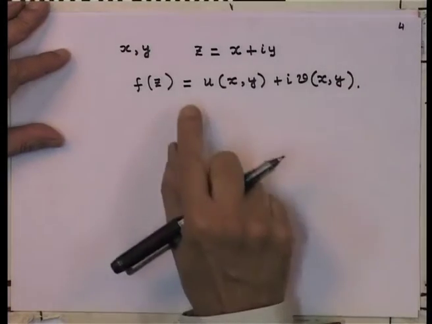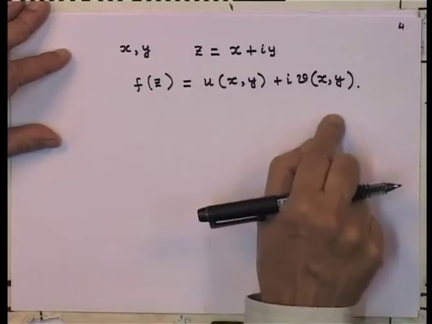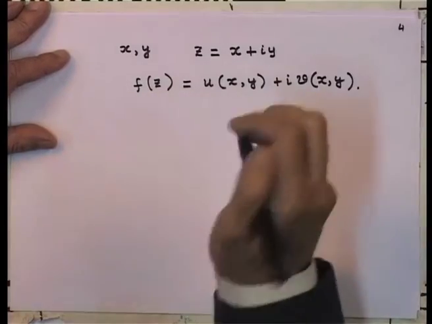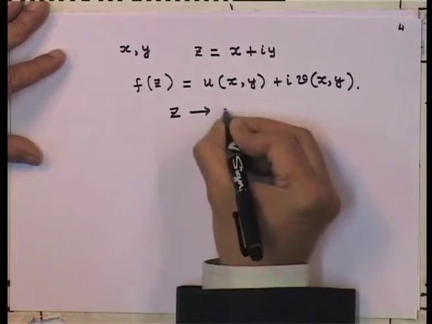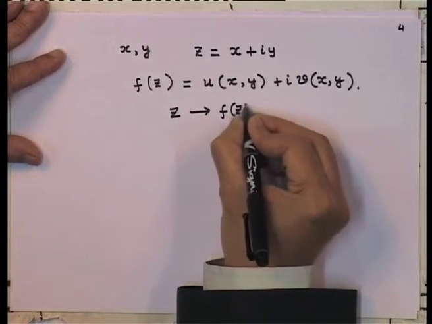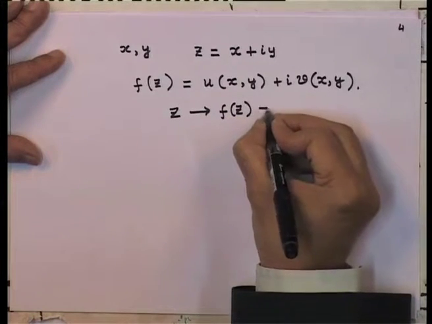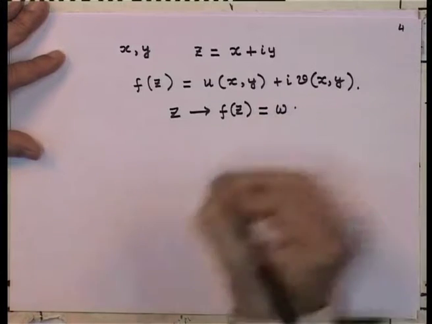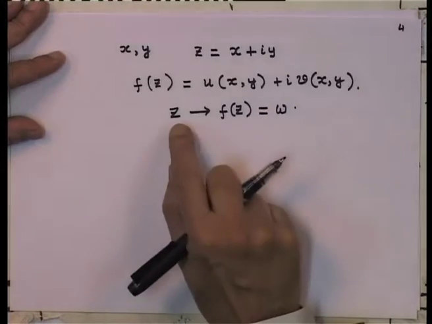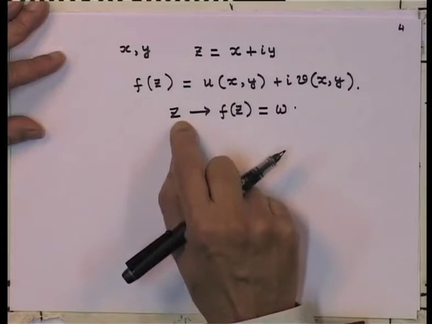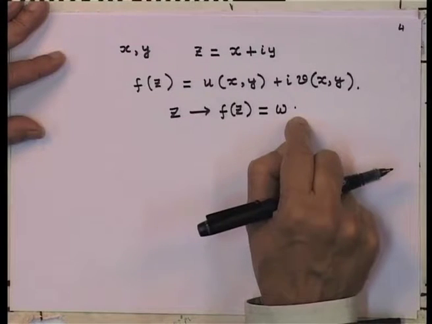So, this is actually an image of z going to f z, and this is what we will call w, which is a complex variable. So, the image of the z plane is the w plane.